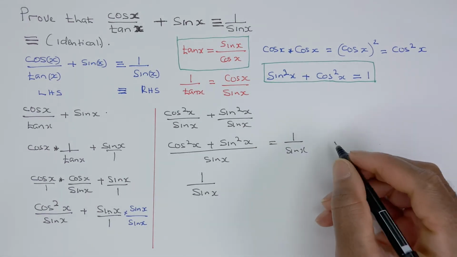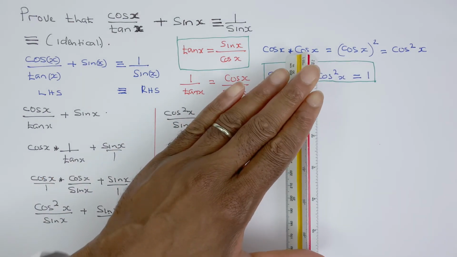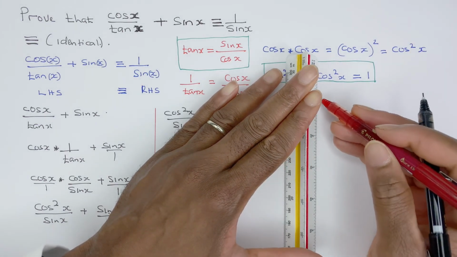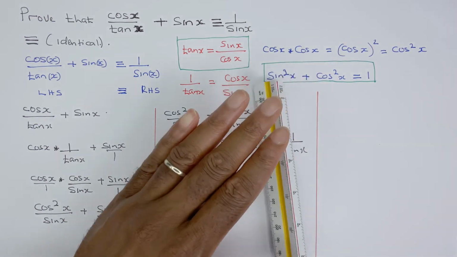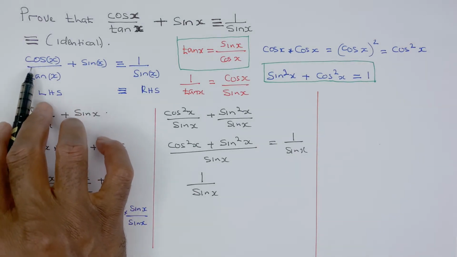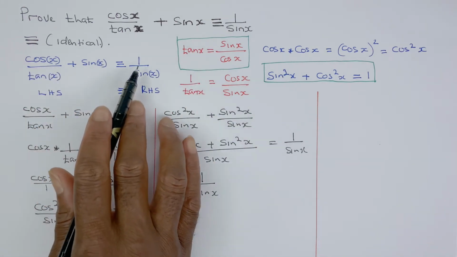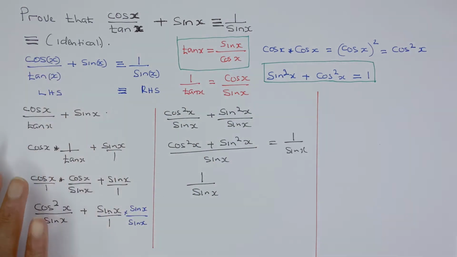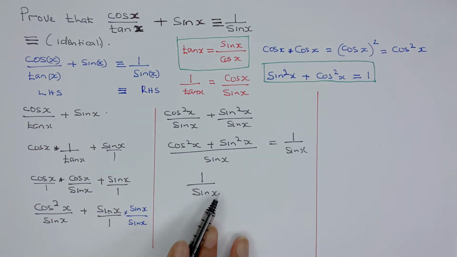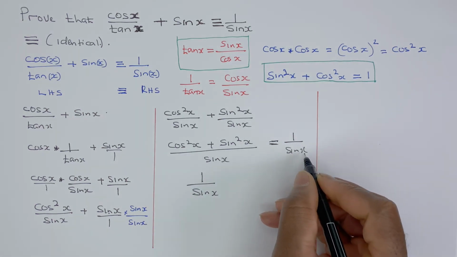So that actually proves what we've been trying to derive. So if I just draw this line here. From the first question, we need to show that that's identical to the right-hand side. You can see now, we only worked on the left-hand side, and we came to the conclusion that it equals 1 over sine x.